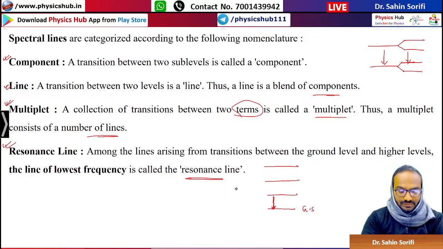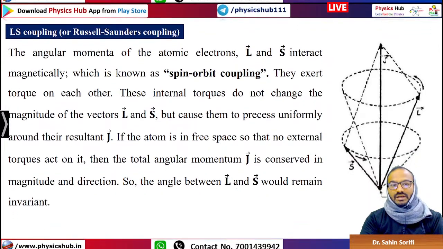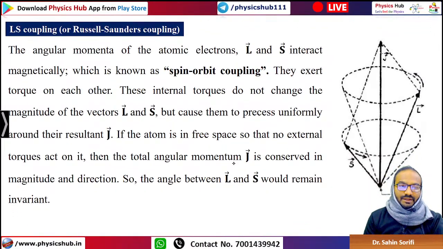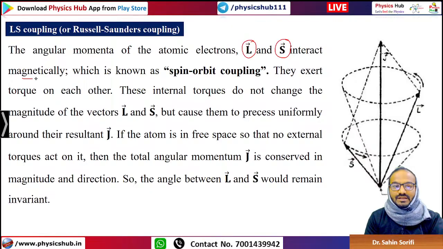Now, the first thing which we will be talking about is LS coupling. This is also known as Russell-Saunders coupling. The angular momenta of the electrons, L and S, interact magnetically. We have talked about it already. This is known as spin-orbit coupling, the coupling between L and S. They exert torque on each other.